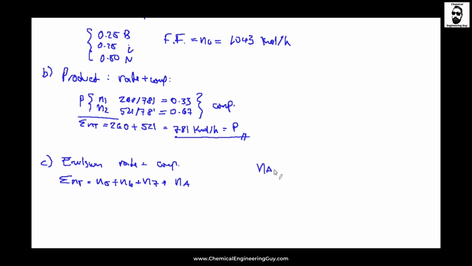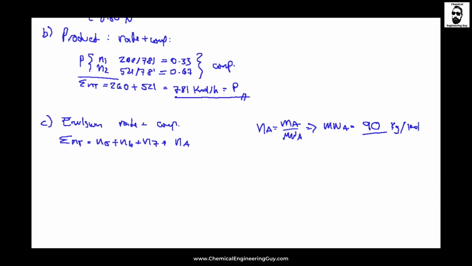Moles of acid equals mass of acid divided by molecular weight of acid. How do you get the molecular weight of acid? Let's just assume for this to be 90 kilograms per kilomole. We're going to see in the next question how to calculate this.